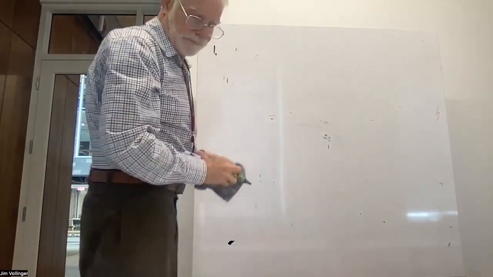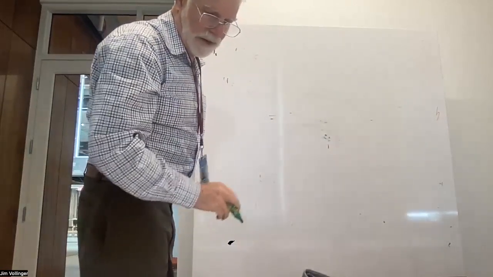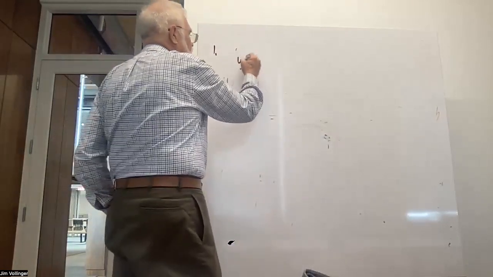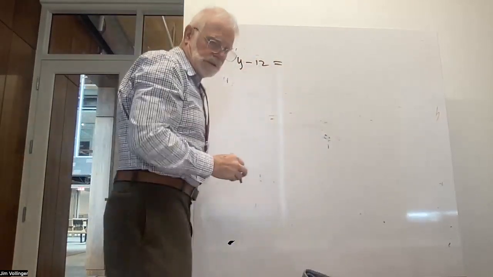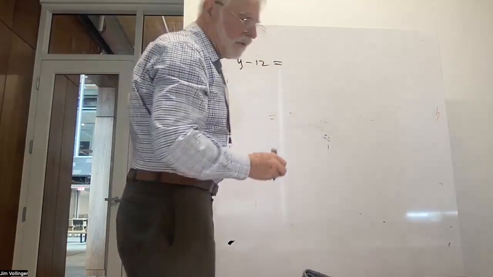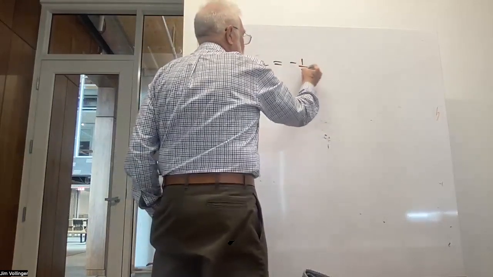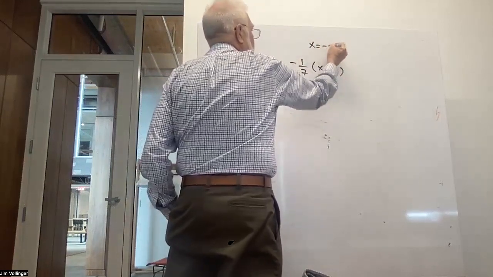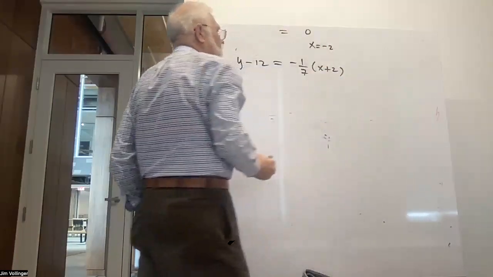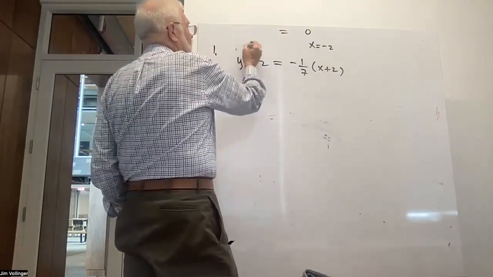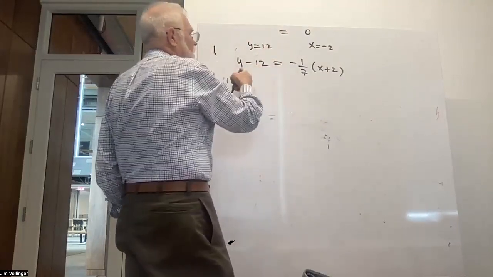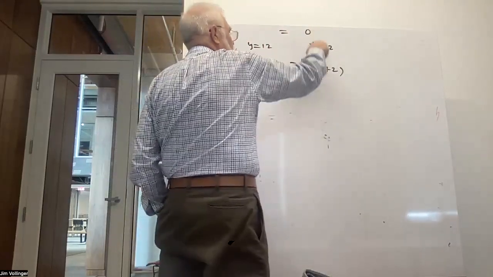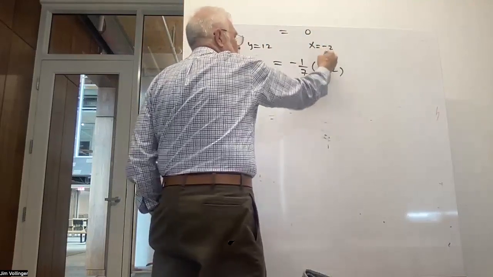Number three, sorry. Name three coordinates. Y - 12 equals -1/7 X plus 2. If I let X equal -2, the right side of the equal sign is 0. If I let Y equal 12, I'm sorry, the right side equals 0 when X is -2.